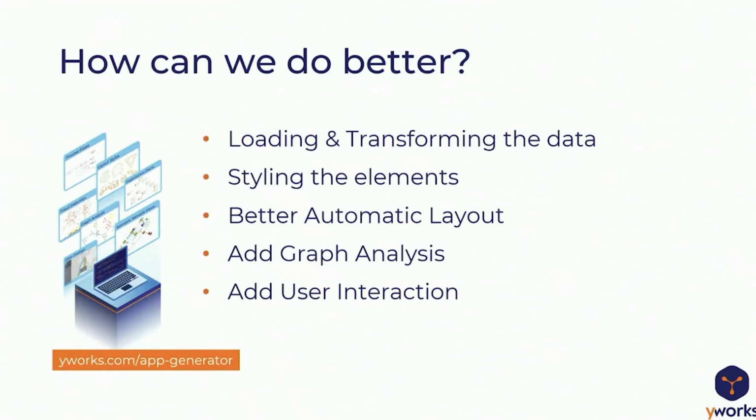Automatic layout, which can help us to encode information right into the arrangement of the elements in the diagram. And also graph analysis. We can leverage graph analysis functionality to improve both the layout, the styling, and make the interaction smoother. And finally, user interaction, to get more than just a static diagram, more than just a nice picture.